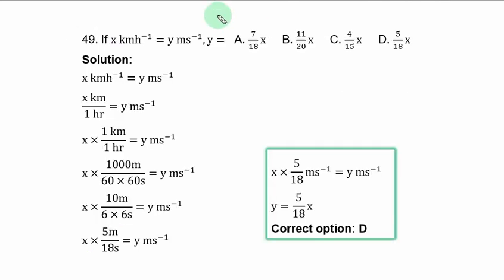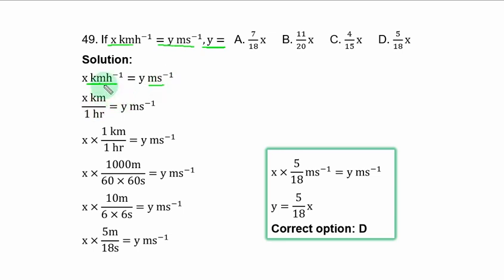Question 49. If s kilometers per hour is equal to y meters per second, find the value of y. Here, you simply convert these units to meter per second.